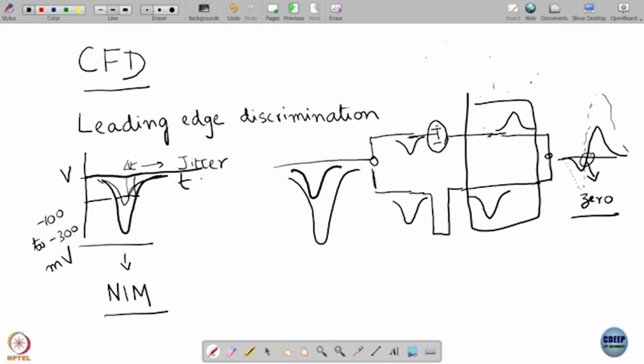Now if you tell your instrument to wait until the signal becomes 0 the first time and then start counting, then this timing jitter is eliminated. This is the advantage of constant fraction discrimination. It is called constant fraction discrimination because you are taking a fraction of the pulse here and another fraction there, 1 minus that fraction there. So constant fraction discrimination eliminates timing jitter.